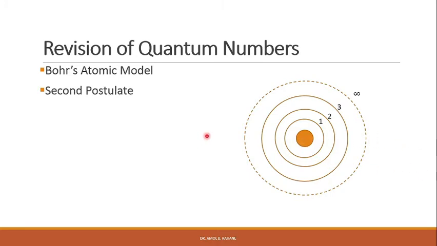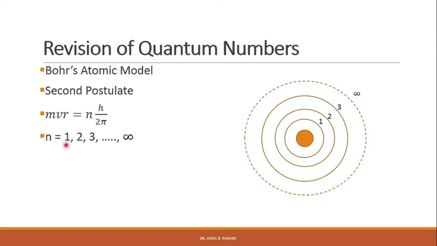In the second postulate, Bohr introduced the quantization of angular momentum of the electron. That means the angular momentum of the electron is quantized, and only those orbits are permitted for which the angular momentum of the electron is an integral multiple of h upon 2 pi, where h is Planck's constant.